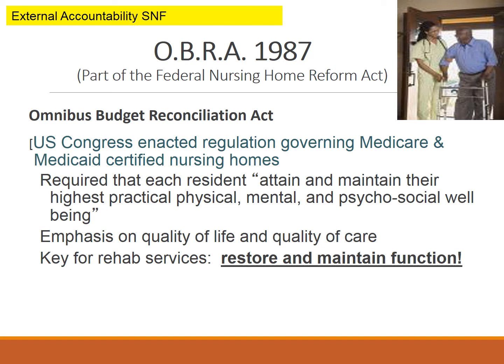And so they passed this act that requires every resident attain and maintain their highest practical physical, mental, and psychosocial well-being. Restore and maintain function is our goal in physical therapy, and that's why within nursing homes it's a huge push to include PT and OT regularly in the care and services of patients.